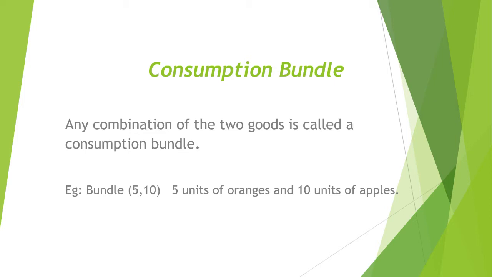Any combination of two goods is called a consumption bundle. Let us take oranges and apples consumed. The bundle (5, 10) contains 5 units of oranges and 10 units of apples. Bundle (3, 2) means 3 units of oranges and 2 units of apples.